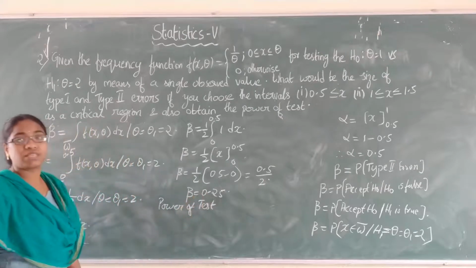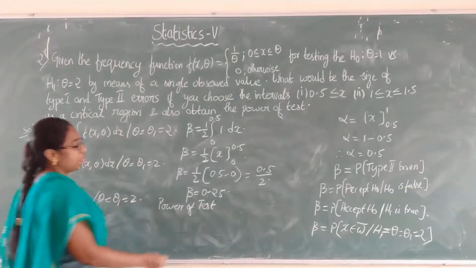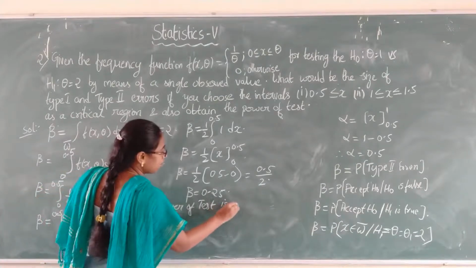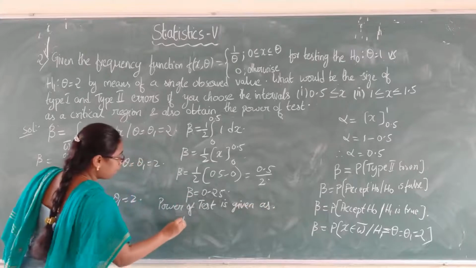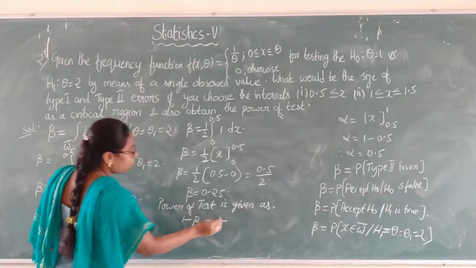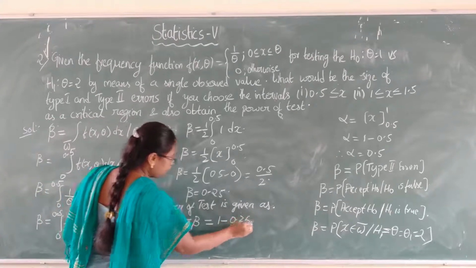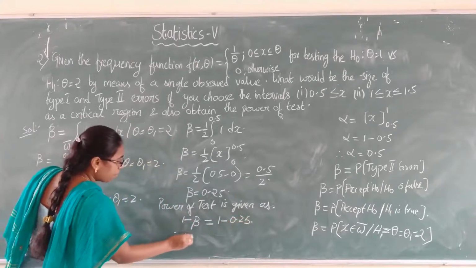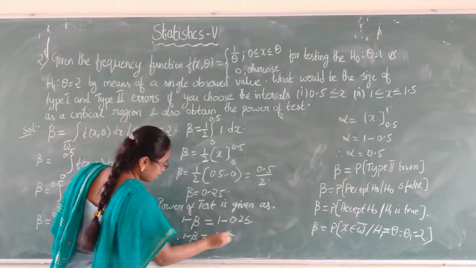Power of the test is 1 minus beta, which equals 1 minus 0.25. So the power of the test, 1 minus beta, equals 0.75.